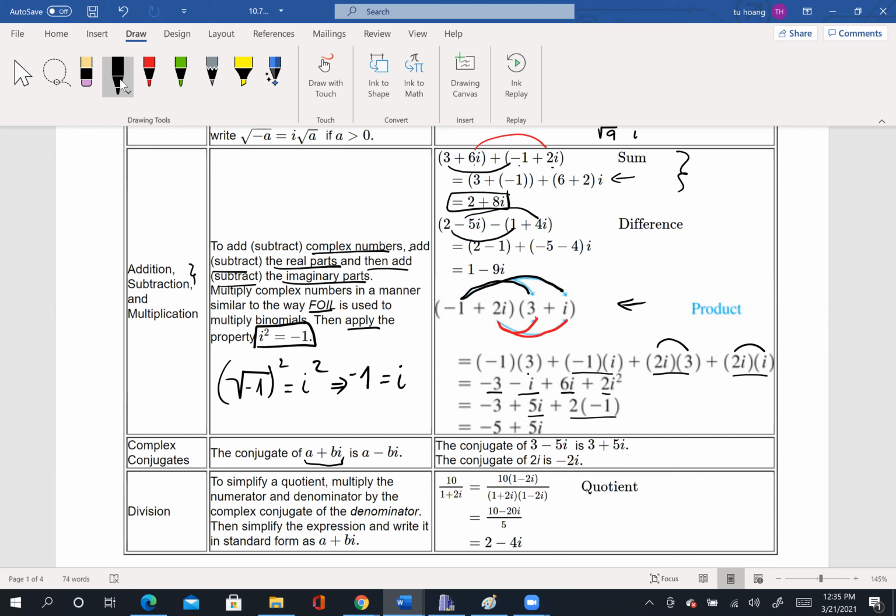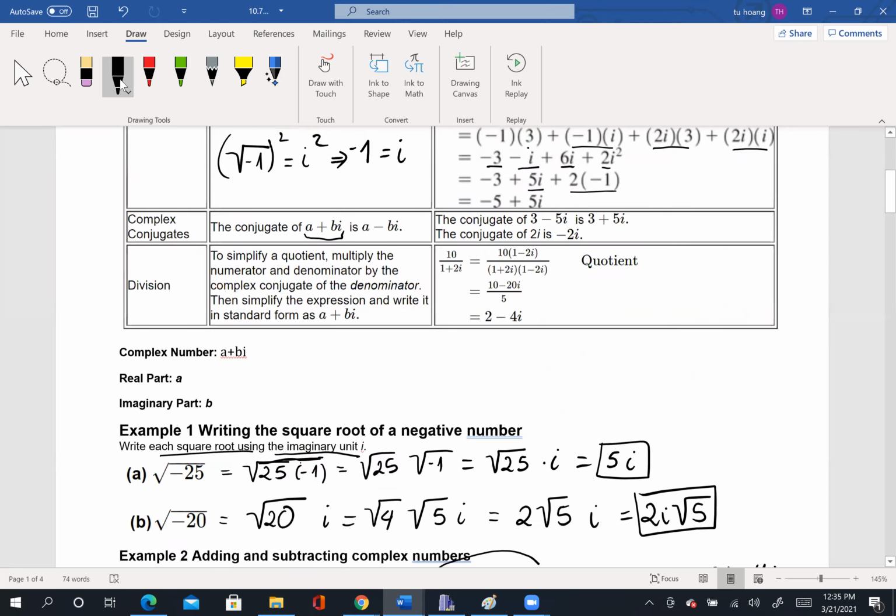Let's have some examples, such as 3 minus 5i. The conjugate is gonna be 3 plus 5i. And for 2i, the conjugate is negative 2i, because remember the complex number 2i is 0 plus 2i, so the conjugate is 0 minus 2i.